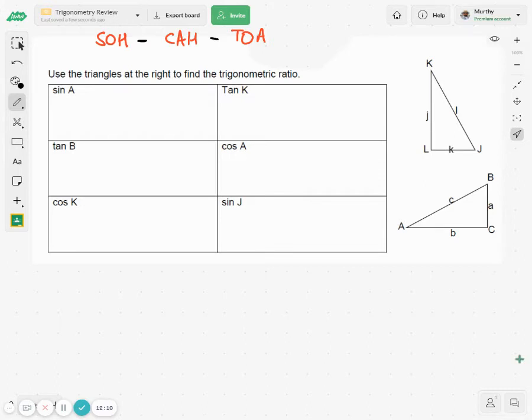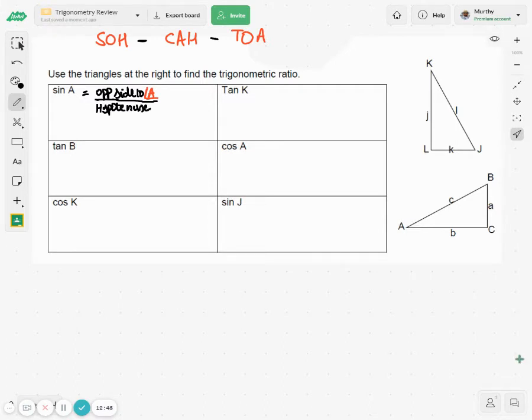So sine equals SOH, sine equals opposite side over hypotenuse. This way you can write it, but still I recommend you write completely. That is opposite side to angle A over hypotenuse.